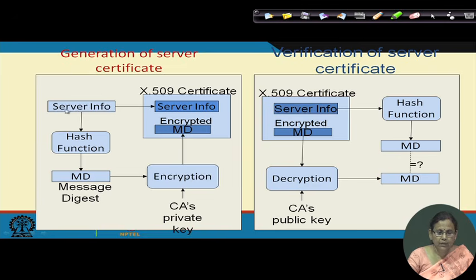So, as we have learned in our digital signature, the server information first goes through the hash function, and a message digest is generated. Now, this is encrypted with the CA's private key. Who is the CA? The certifying authority, the certification authority. With his private key, it gets encrypted. Then this encrypted message digest and server information together are called the X.509 certificate, sent over the internet to the receiver.